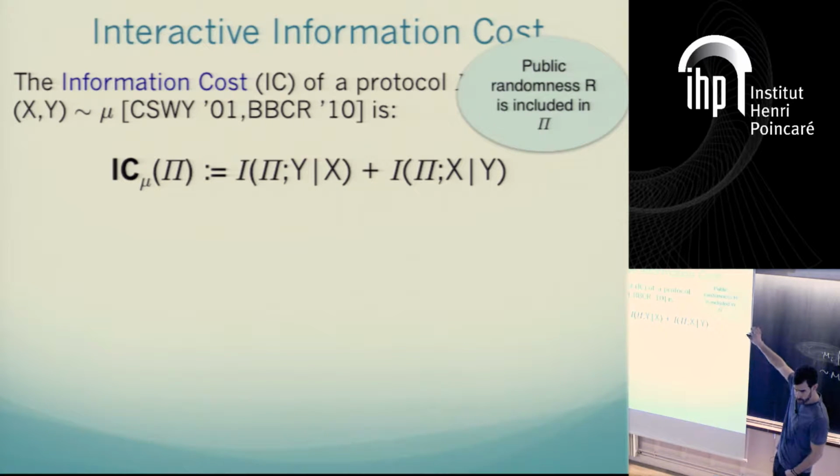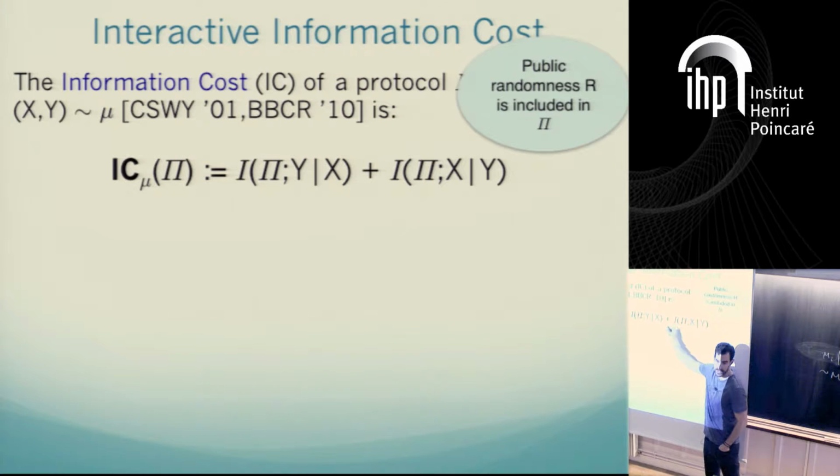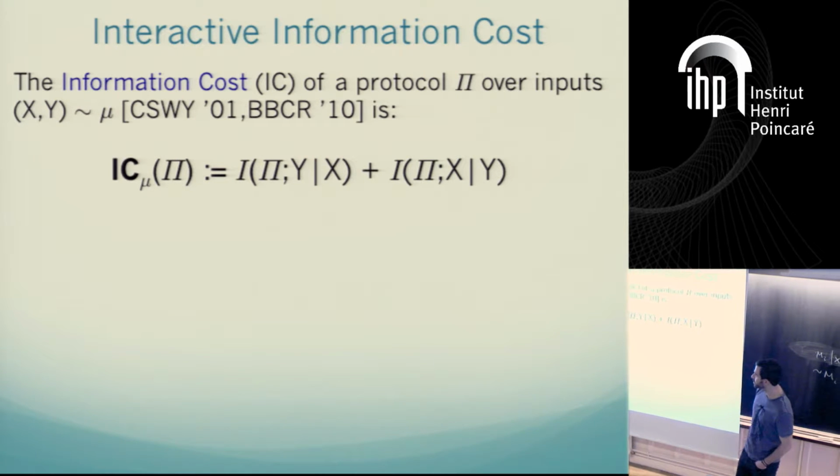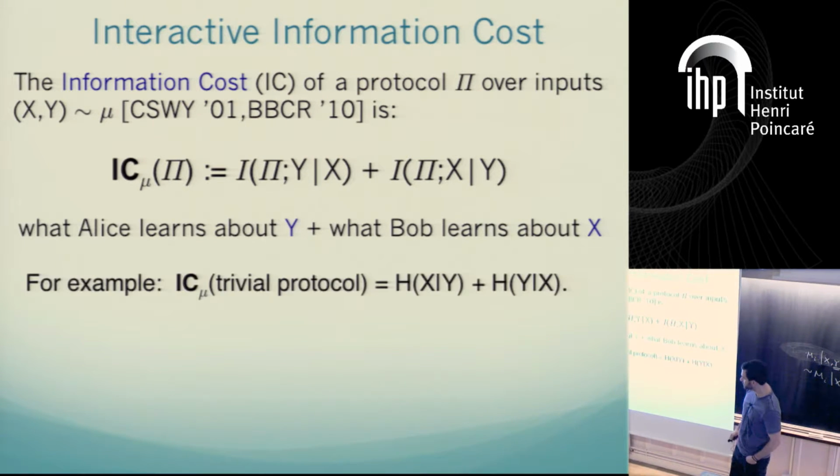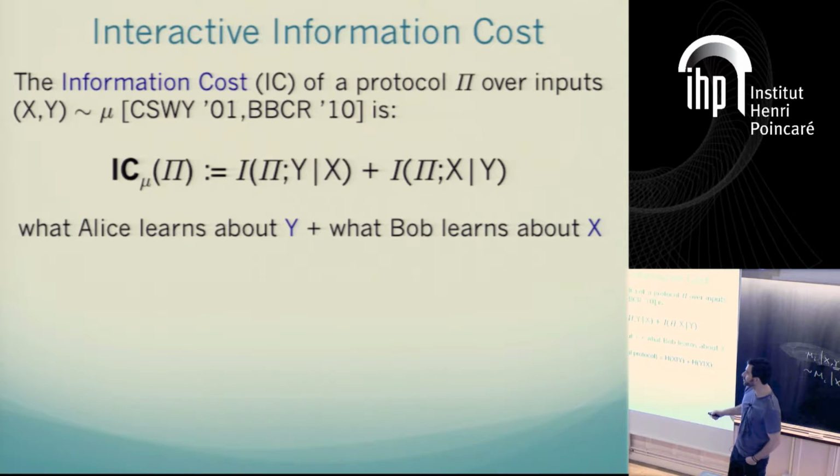And once again, throughout the talk, we suppress the public randomness. So we assume that implicitly we're conditioning on the public randomness R. Any questions about this quantity? This will accompany us throughout the entire week.